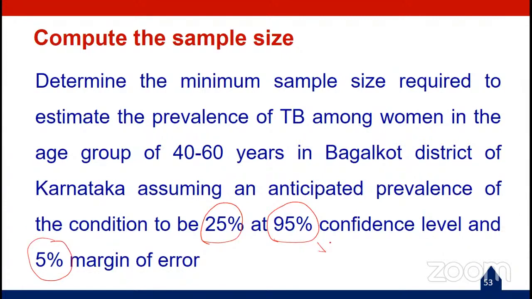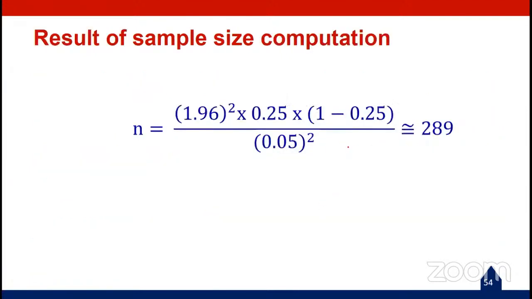Here we get the Z, here we get the P, here we get the D. If we plug in the inputs, 1.96 square into 0.25 into 1 minus 0.25 divided by 0.05 square, we get a sample size of 289. So we need to recruit 289 individuals for this study.